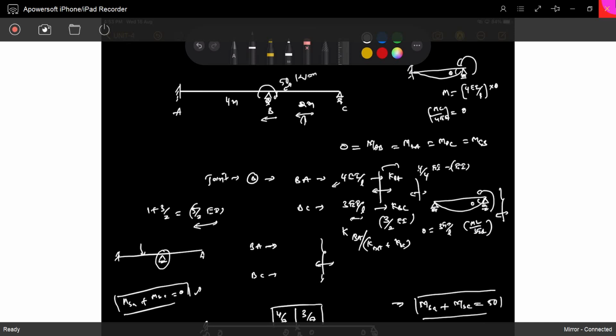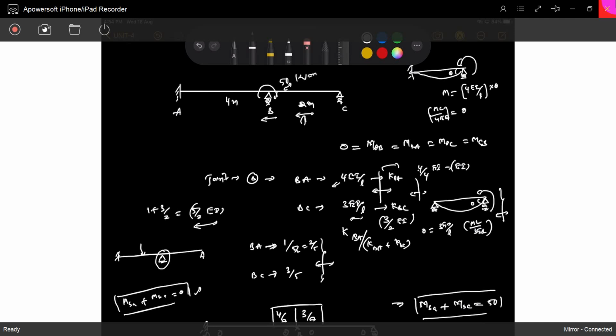So what is the distribution factor for BA? 1 divided by 5 by 2, that means 2 by 5. The remaining is 3 by 5. Those are the distribution factors.